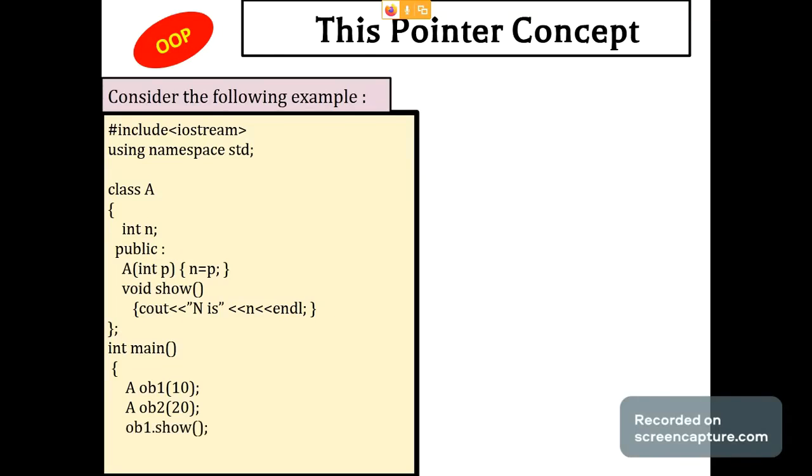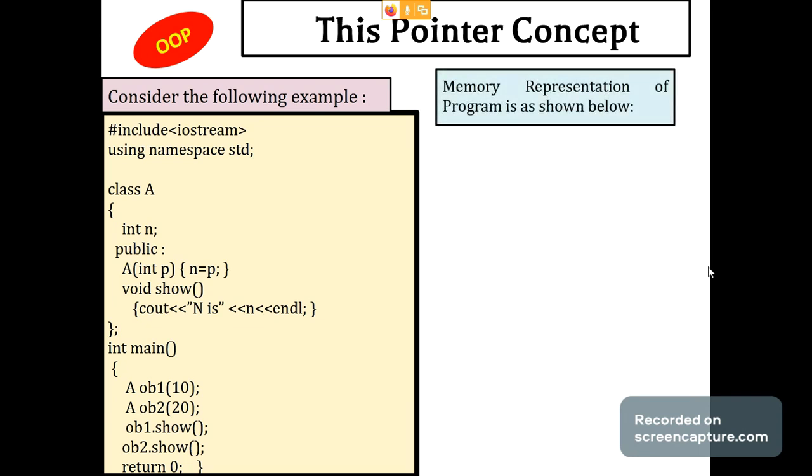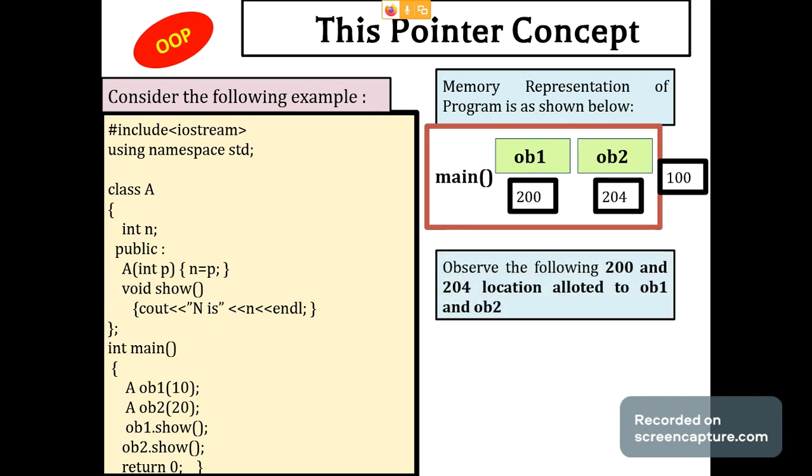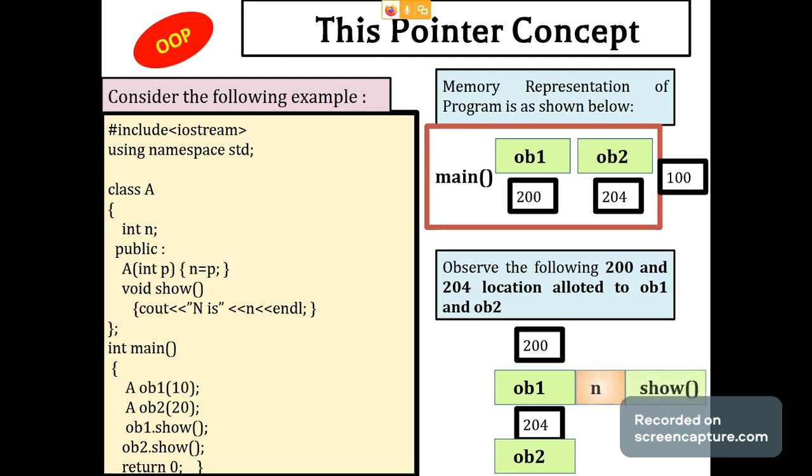I'm calling the show function with ob1 dot show and ob2 dot show, and let's see how it is represented in memory. The main function is allocated at location 100. ob1 is given space at location 200, and ob2 at location 204. Since ob1 and ob2 belong to a class, ob1 will have n as well as show, and ob2 also will have its own copy of n as well as show function.